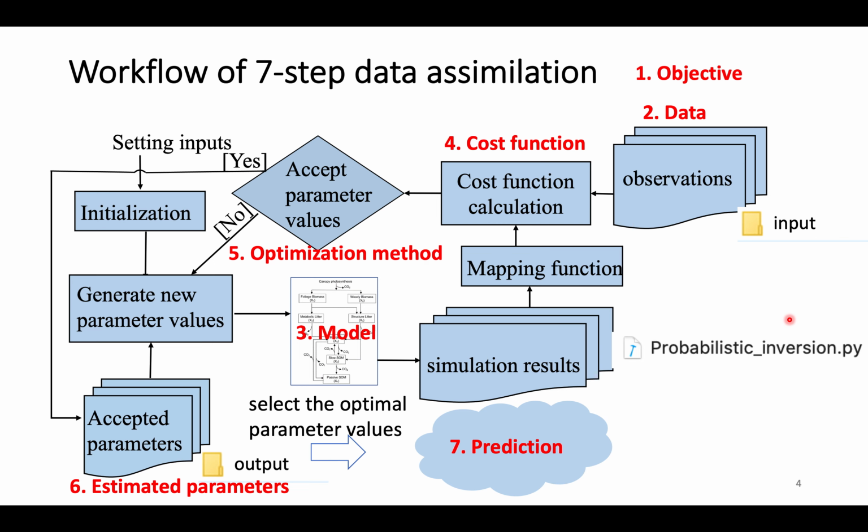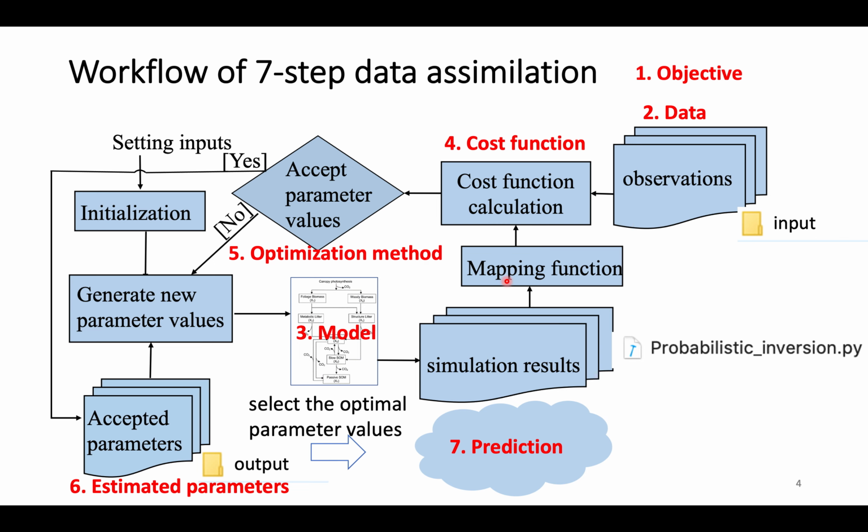Here is the workflow of the 7-step data simulation. It's realized in a Python file named probabilistic inversion. Firstly, the Python program will read settings for initialization. Then it will generate new parameter values. These values are used in typical model simulation.